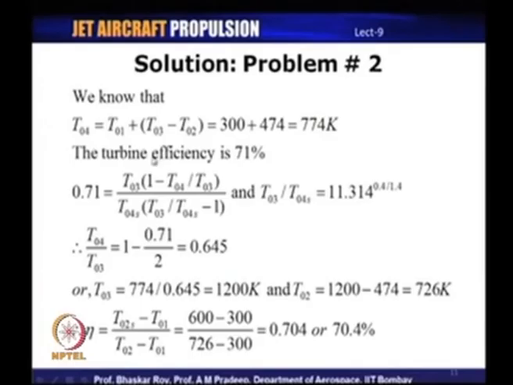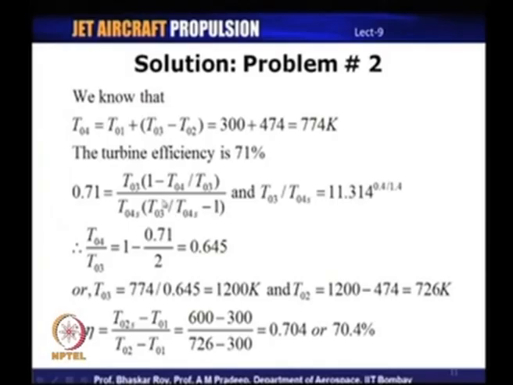Now, turbine efficiency is given as 71%, and the definition of turbine efficiency is (T03 minus T04) divided by (T03 minus T04s). We can simplify that as shown here, with T03 multiplied by (1 minus T04 by T03) divided by T04s multiplied by (T03 by T04s minus 1).